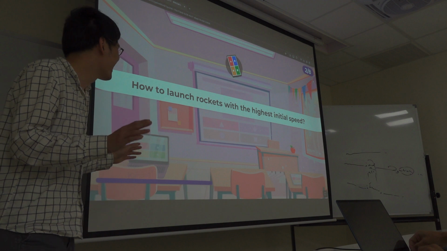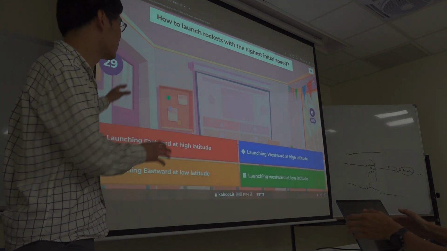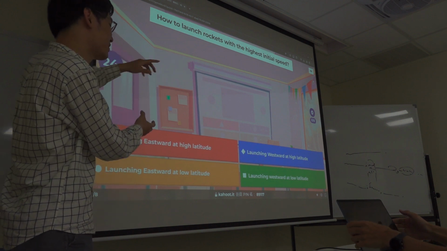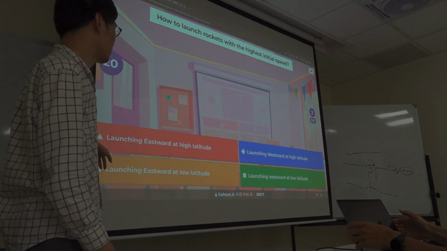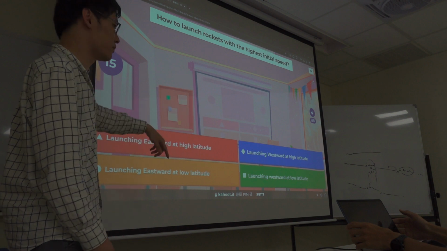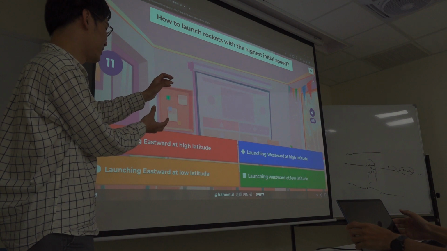Okay. How to launch a rocket with the highest initial speed. Remember the JAXA satellite and rocket. This question is about where you launch your rocket and how you launch it to get the most initial velocity.